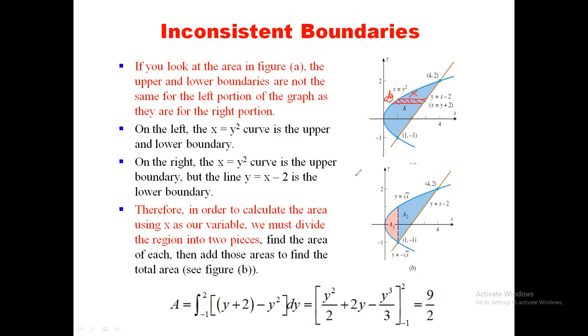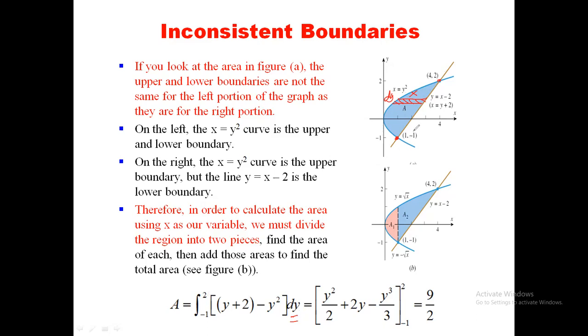Now, good for this particular illustration, since you're already given the 2 points of intersection, so the coordinates of the points of intersection. So as you can see here in the area written below, since you're using dy as the thickness, your limits will also be based on y, not x. So your y here in the lowermost part is -1, and your y here in the uppermost part is 2.